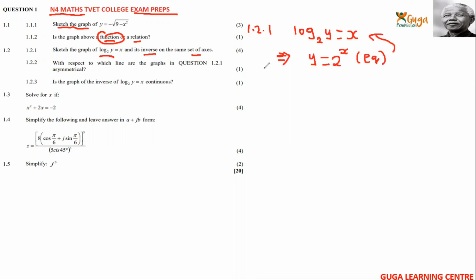And then for us to get the inverse of this, we have to swap x and y. So for us to get the inverse, we swap x and y. So we're going to get x is equals to 2 to the power y, and then this is the inverse, right?